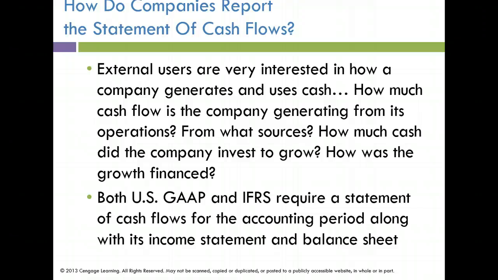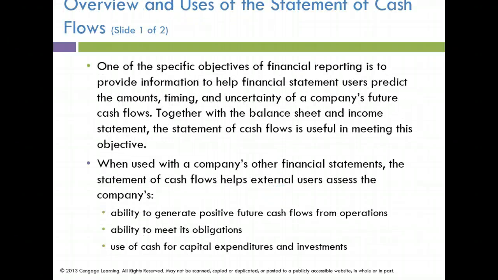How much is from operations, what sources, and how much of that money did the company keep so they can invest in it? How was it financed? A statement of cash flows is required along with the income statement, balance sheet, and statement of stockholders' equity. The basic importance of this is to see how the cash is spent.